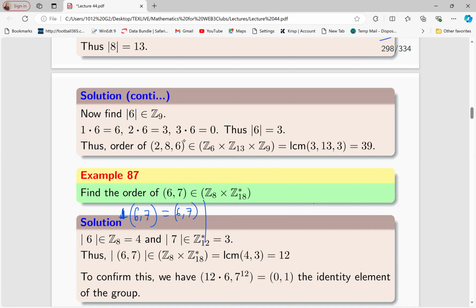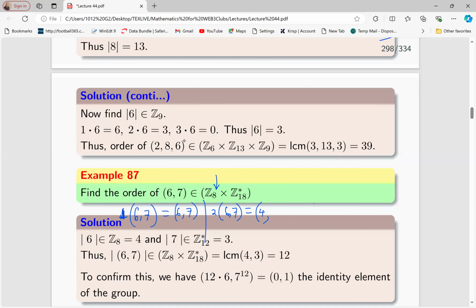What about when our n is 2? 6 twice, mod 8, is 12 mod 8, which is 4.